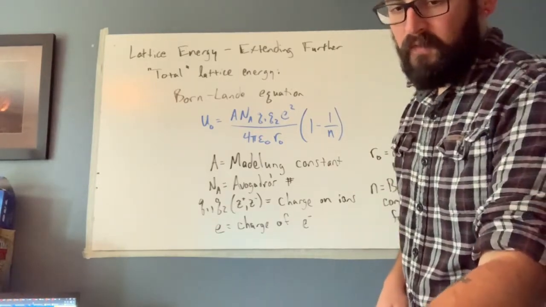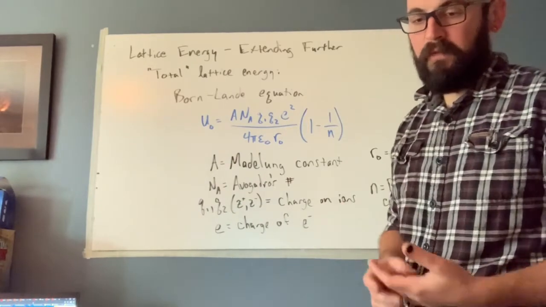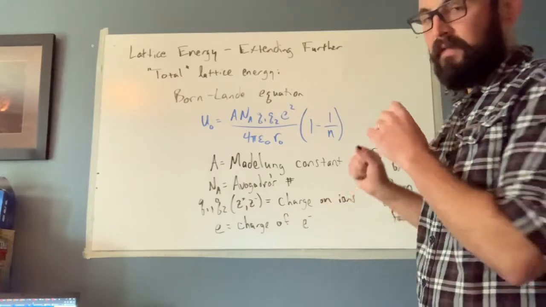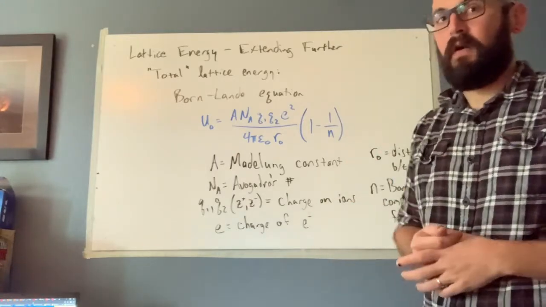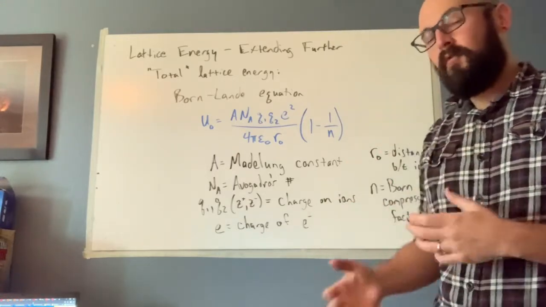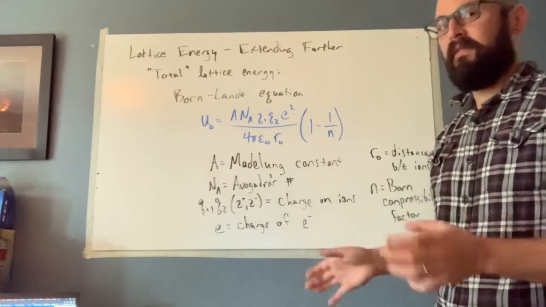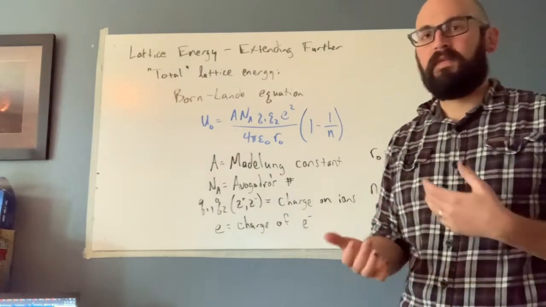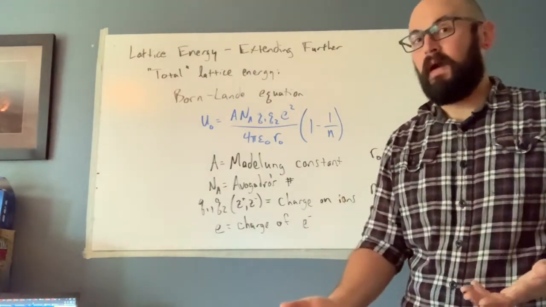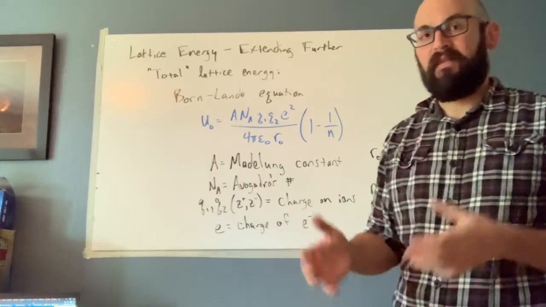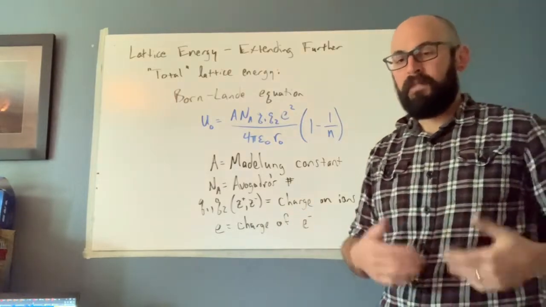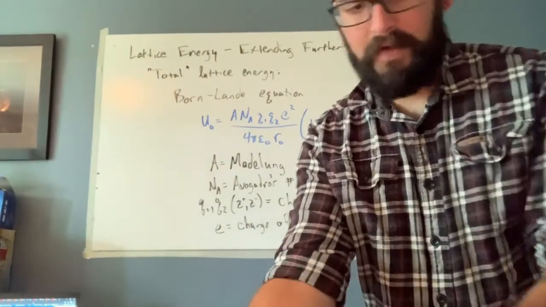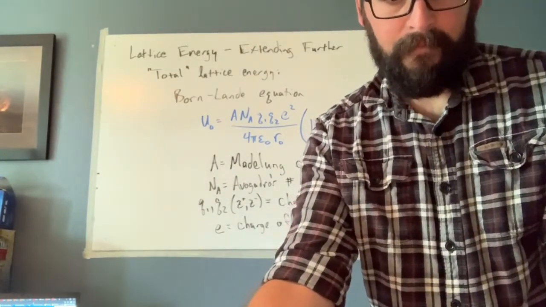And then table 12.3 has the Born compressibility factors, which are, again, based upon the electron configuration of your ions. When you have ions with different electron configurations, for instance, let's think of something like cesium fluoride. Fluoride, of course, is going to have a neon electron configuration, whereas your cesium is going to have a krypton electron configuration.